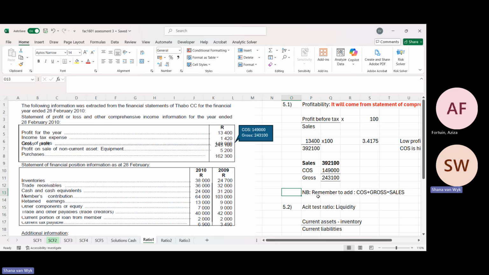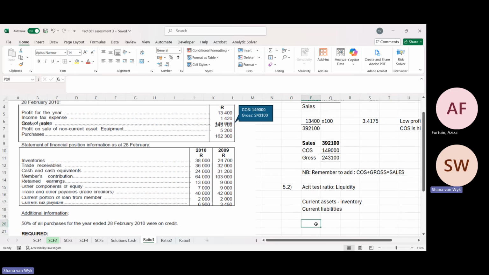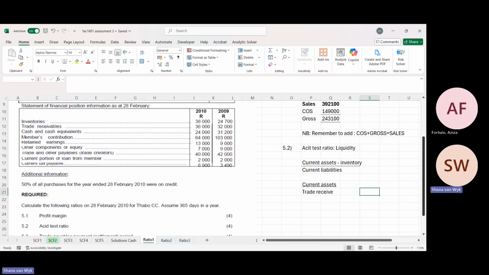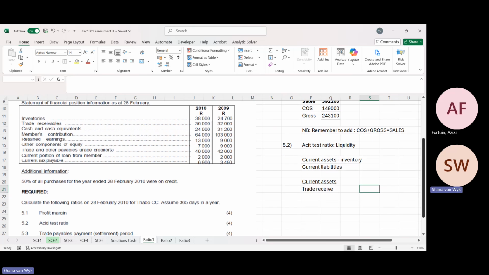Let me just quickly see what is current assets. I'm just gonna make a list. Okay, so the first one, trade receivables. Do they ask in what year? Calculate for 2010.